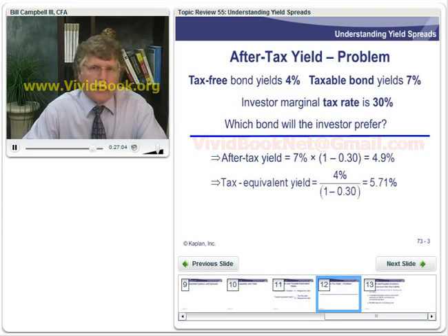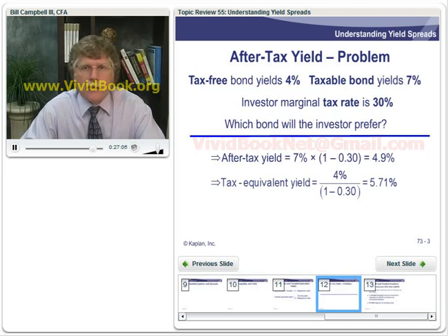4.9 is better than 4. That tells you that the taxable bond is better. We could have done it the other way around. We could have said that if he's getting a 4% tax-free yield, what would be the equivalent taxable yield?